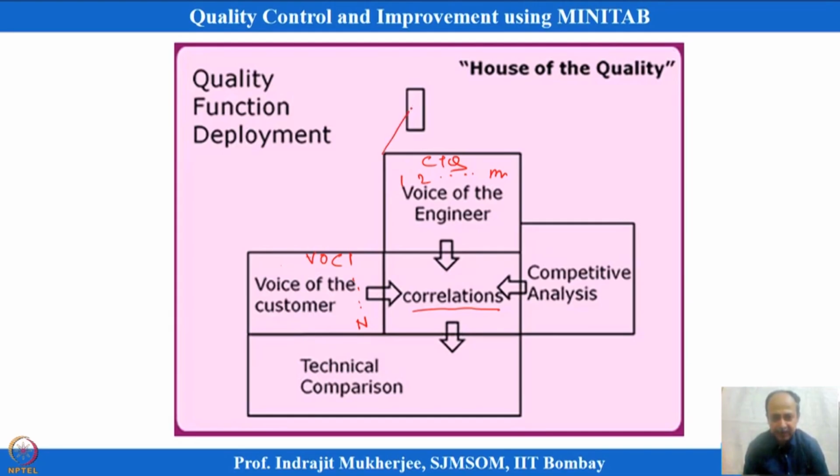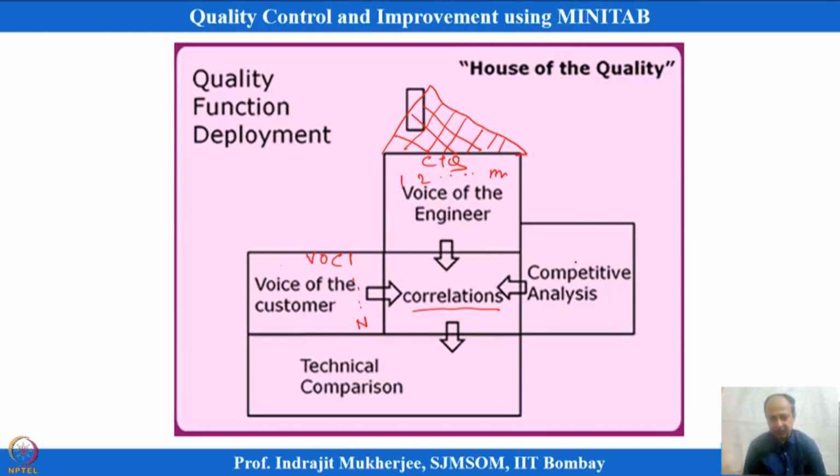The relationship between the CTQs, how CTQ 1 and 2 are related, will be shown on the top of this house of quality, which is known as the roof of quality. There will be a roof of the matrix which shows the correlation between the CTQs also, how CTQ 1 is related with 2.